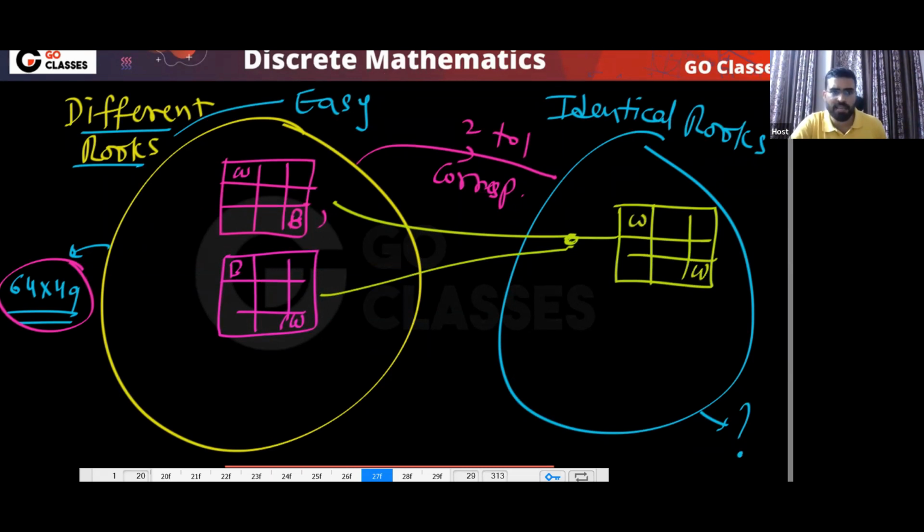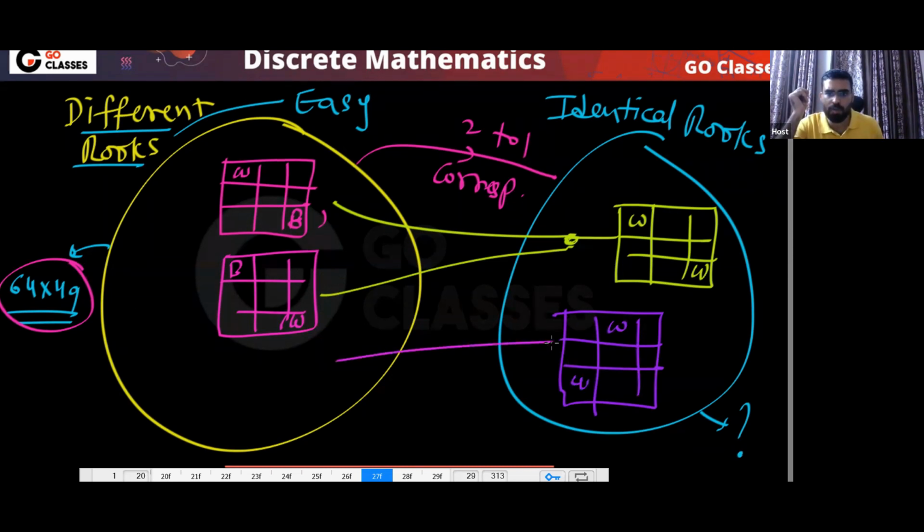So finally, you can notice for everything you create here, for example if I create w, how many pre-images will there be? There will be 2 pre-images. One pre-image will have w black, another will have black w.